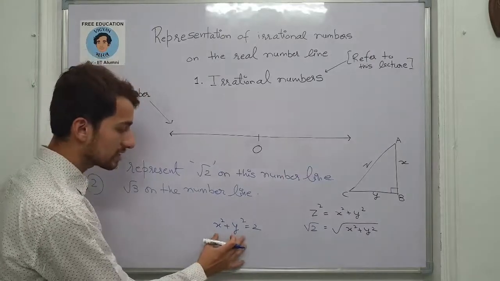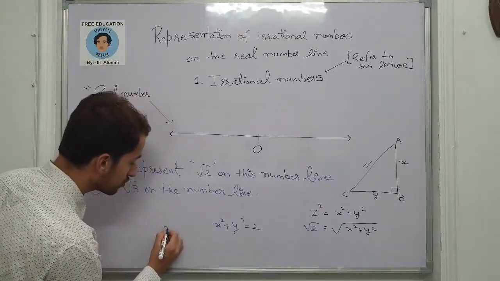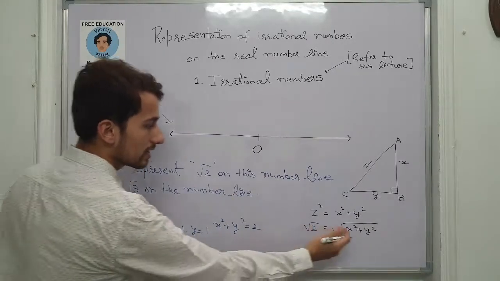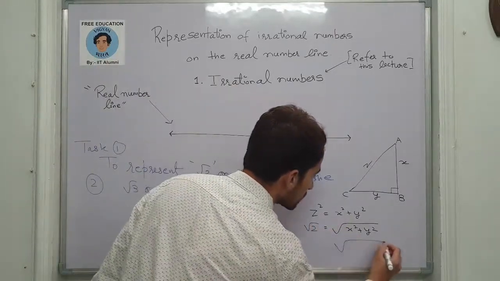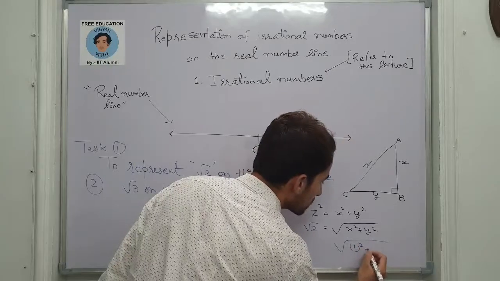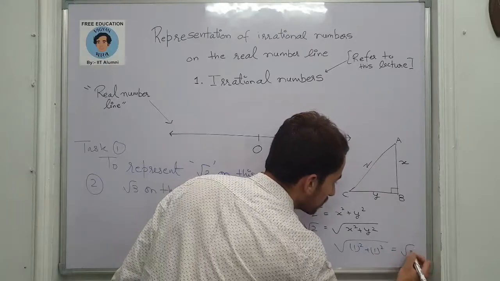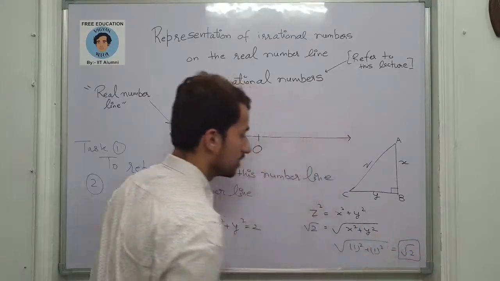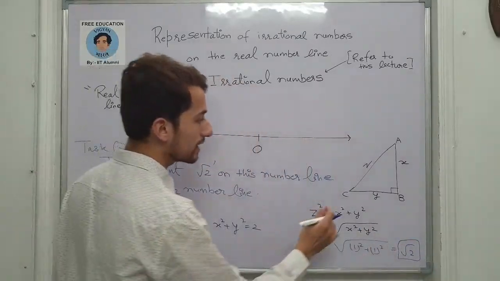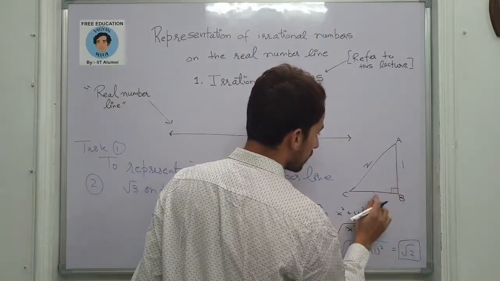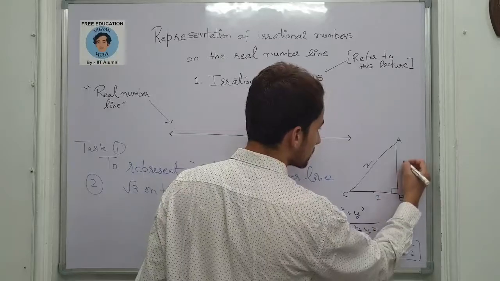The simplest case is if I choose x to be 1 and y to be 1. Then this quantity becomes the square root of 1 squared plus 1 squared, which is 1 plus 1, 2, so the square root of 2. That's why I'll take x and y to be 1 and 1 respectively.